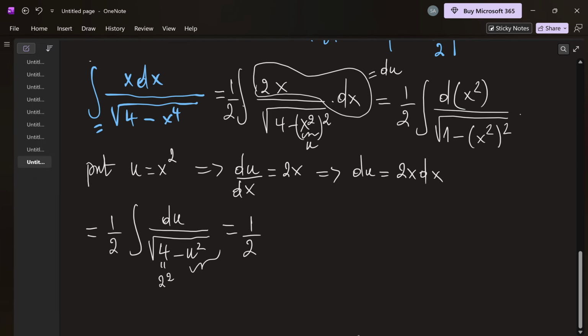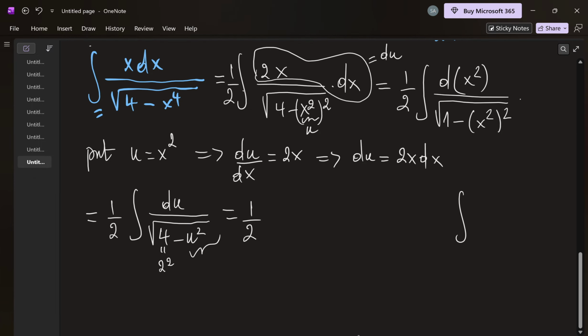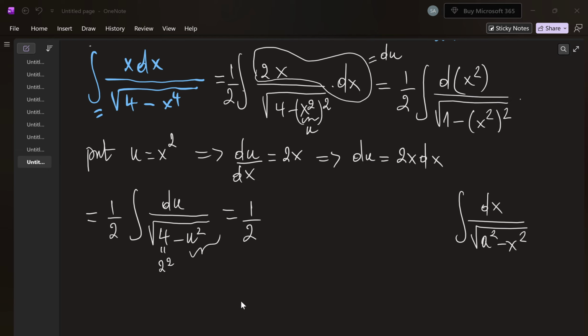Just to remind you, this is of the form the integral of dx over the square root of a squared minus x squared. See the table of integration in the course. For those who attend the lectures, see the table of integration, you will find this.